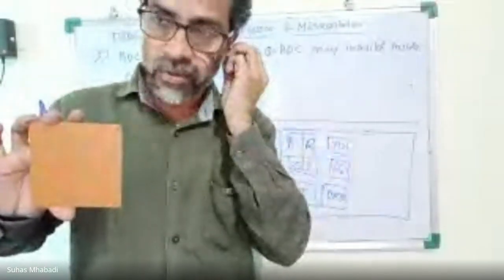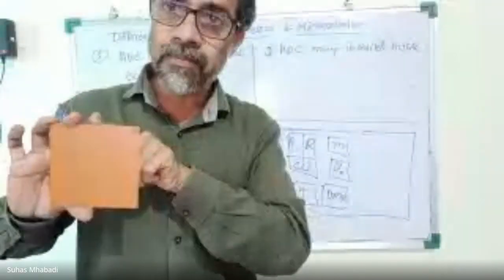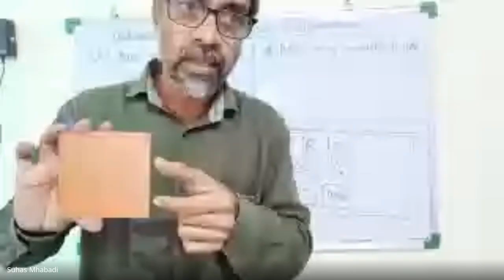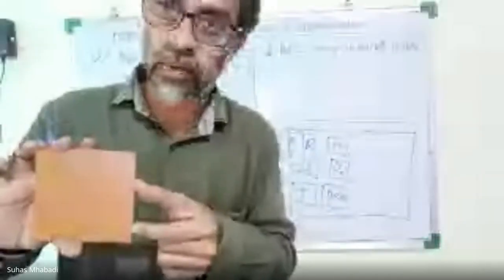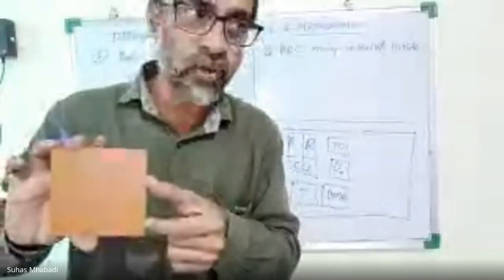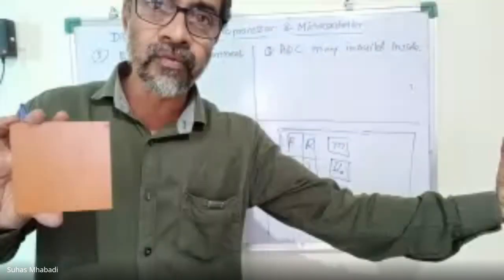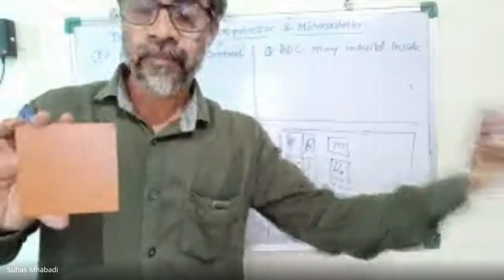From this system I will have to transfer some content to that remote system. Obviously I will require one port called a serial communication port, and through it I will transfer the data from this system to the other system kept far away.